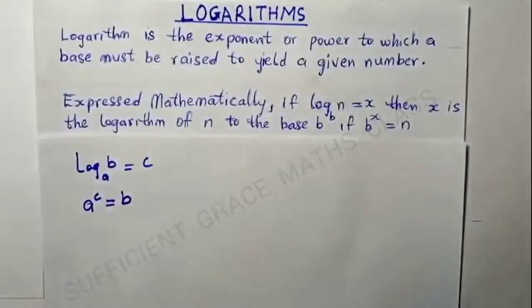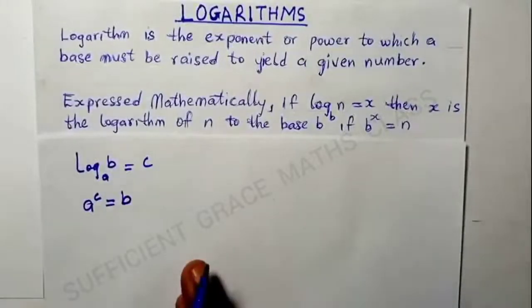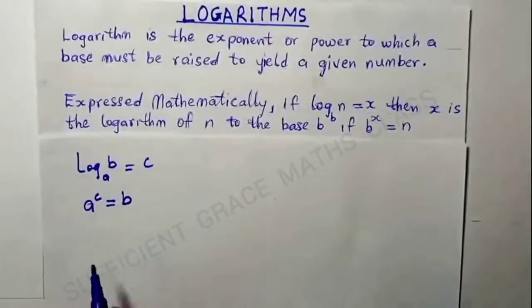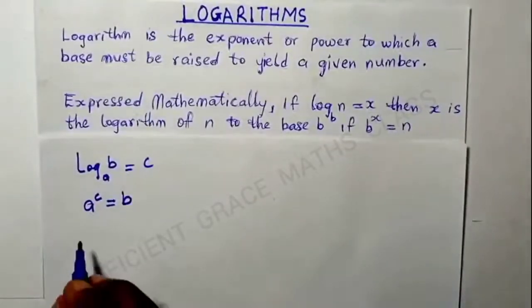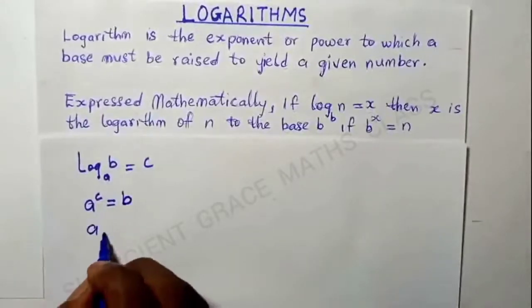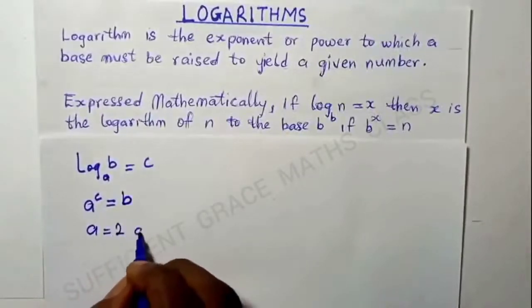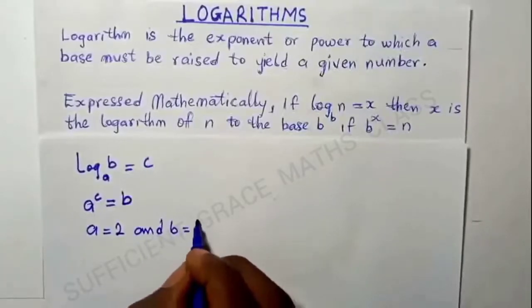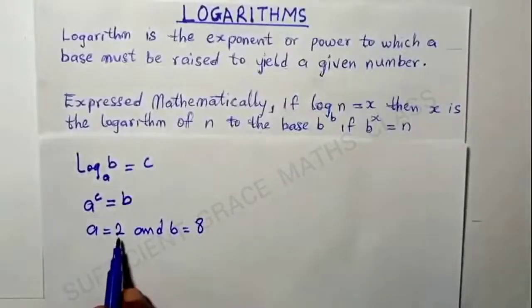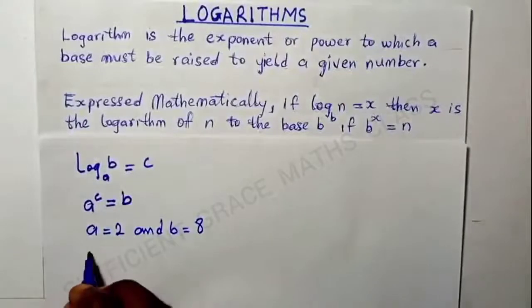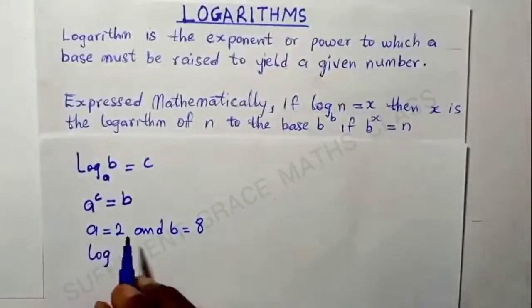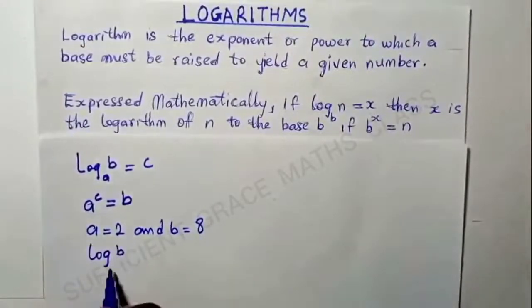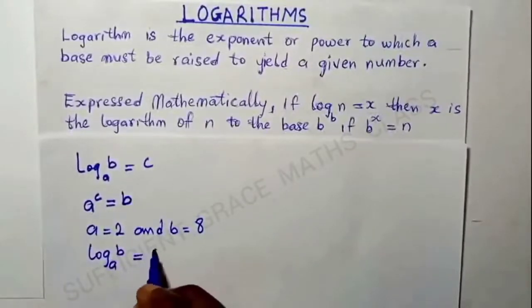Let us now apply some numerical values. Let's assume a equal to 2 and b is equal to 8. Let's now substitute these 2 and 8 into the logarithm: log of b to base a equal to c.